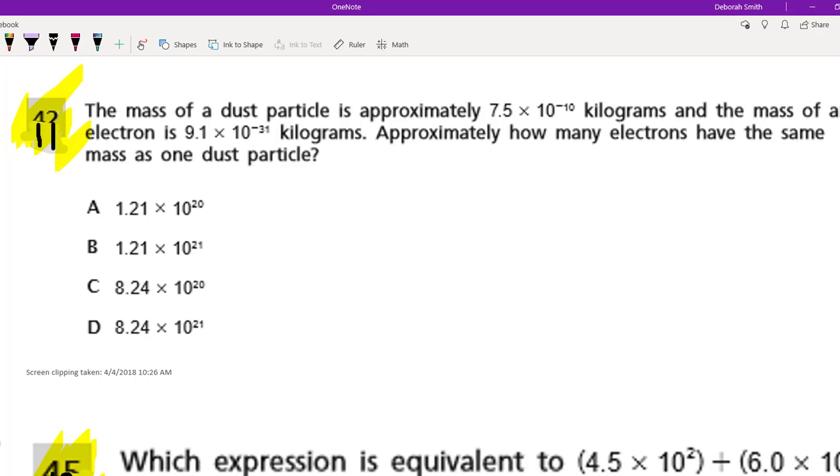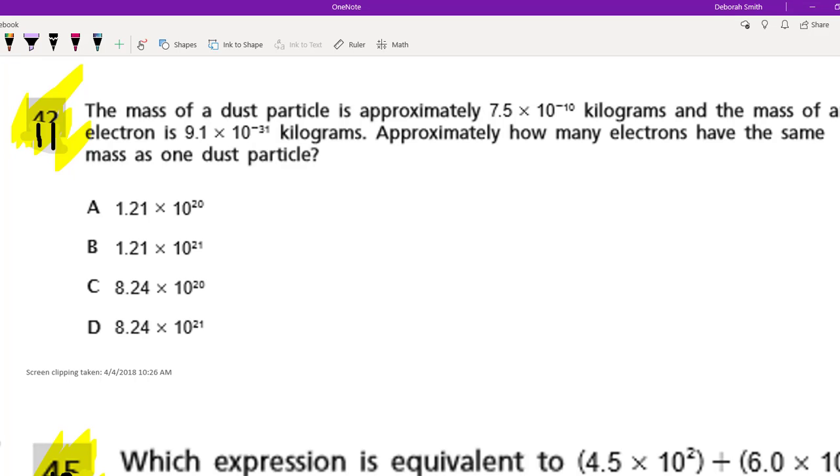Well, that's an interesting question. 7.5 in parentheses times 10 to the negative 10 and close that parentheses divided by, I gotta put my parentheses in, 9.1 times 10 to the negative 31, close those parentheses.